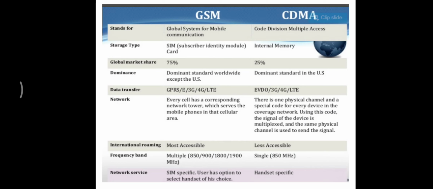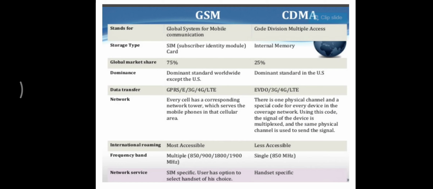This is a comparison of GSM and CDMA. The storage type in GSM is SIM type, and CDMA is internal type, which has no SIM. For data transfer, GSM uses GPRS, while CDMA uses 3G, 4G, LTE. For network type, every cell has corresponding cell networks, while CDMA has a special code for every device.